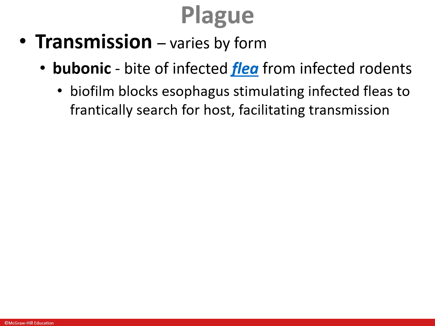So there are multiple forms. What we call bubonic plague is the type that's typically transmitted through the bite of an infected flea from the rodent reservoirs. And so what happens actually is because the organism causes, remember it has adhesins, the bacteria gets into the esophagus of the flea and basically grows to the point where it blocks the esophagus completely.